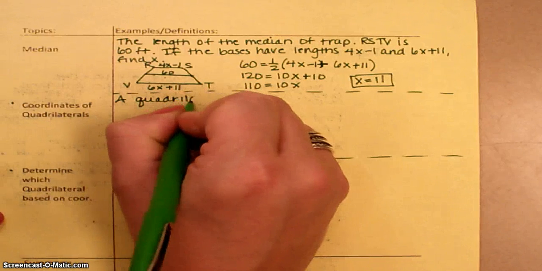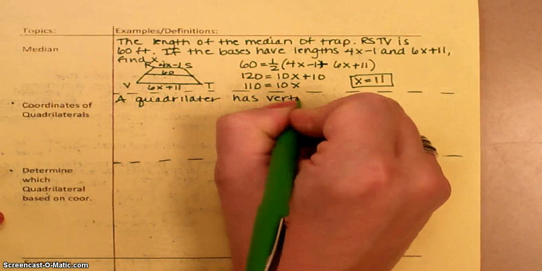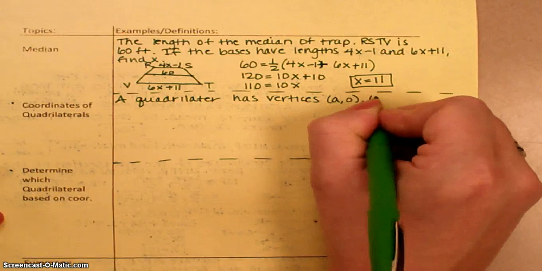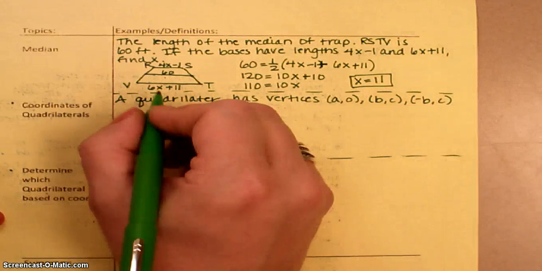A quadrilateral has vertices A0, BC, negative BC.